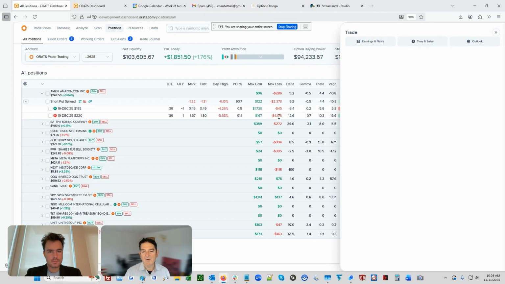So 4,100 minus 1,700 is about negative 2,400, and 167 minus 45 is the 122 max gain. So it works in this case. It doesn't work in every case, so it's not always additive. But does that answer your question?